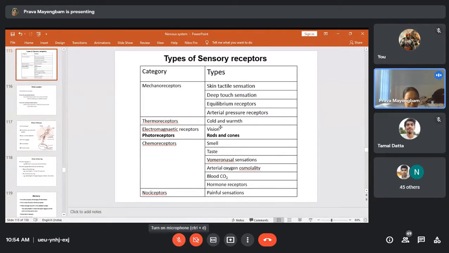Then photoreceptors, examples are rods and cones. Chemoreceptors, they can smell, taste. The smell receptors and taste receptors are all under chemoreceptors. Nociceptors means the painful sensations.